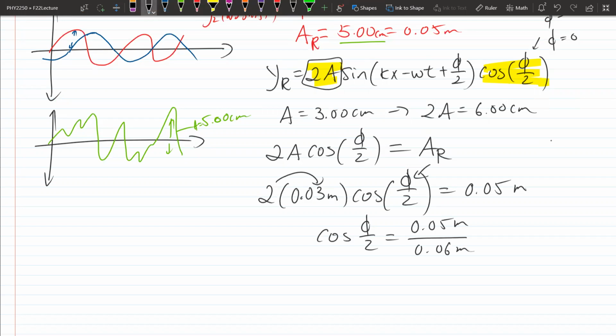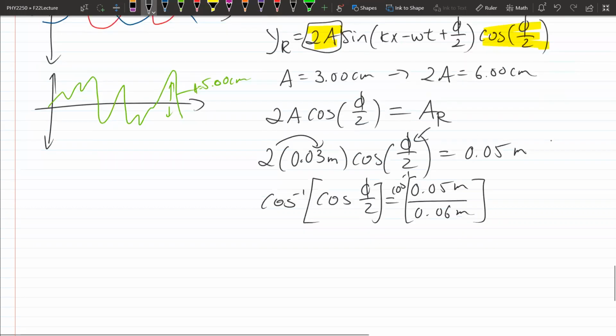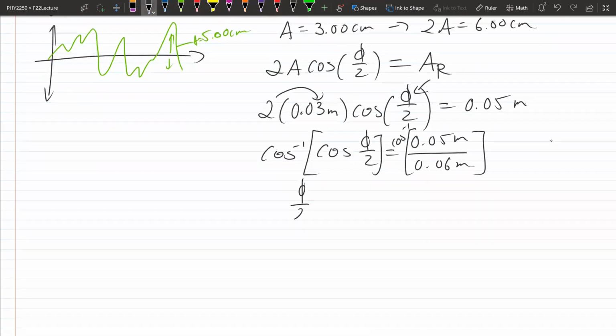And now to solve this equation, I'm going to do inverse cosine of both sides. That'll bring out the phi. Inverse cosine of 0.05 divided by 0.06, the units actually cancel out. I multiplied both sides by 2, and I should be able to get the answer.